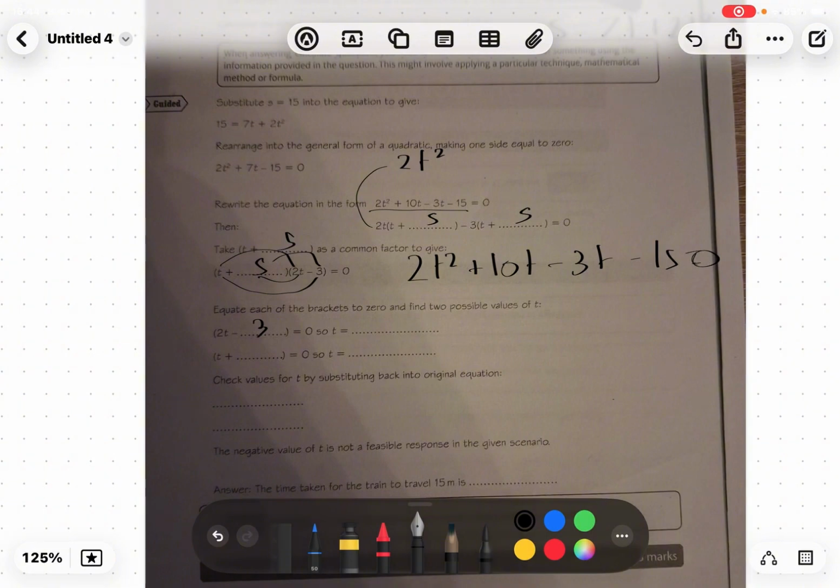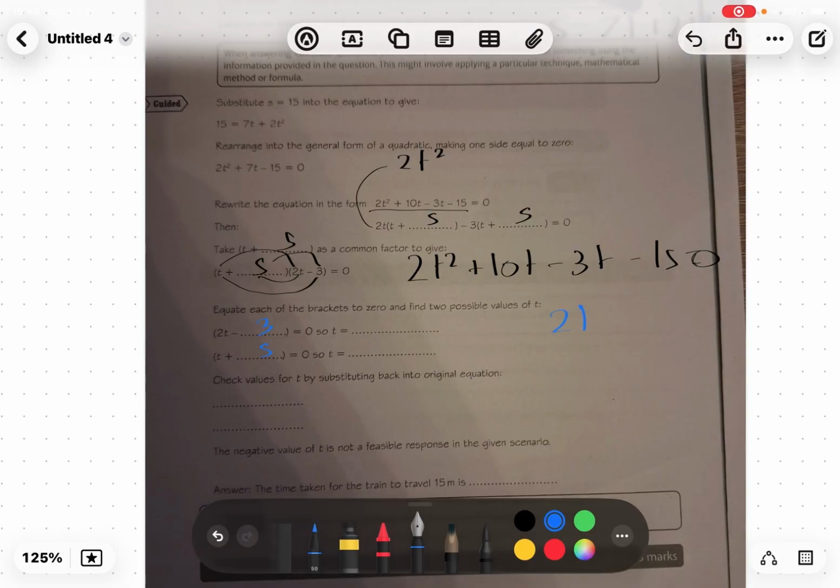Over here we have the 3, right here, I'll do this in blue. After that, over here we have a 5. To find t, we have to have t on its own, so we move the 3.